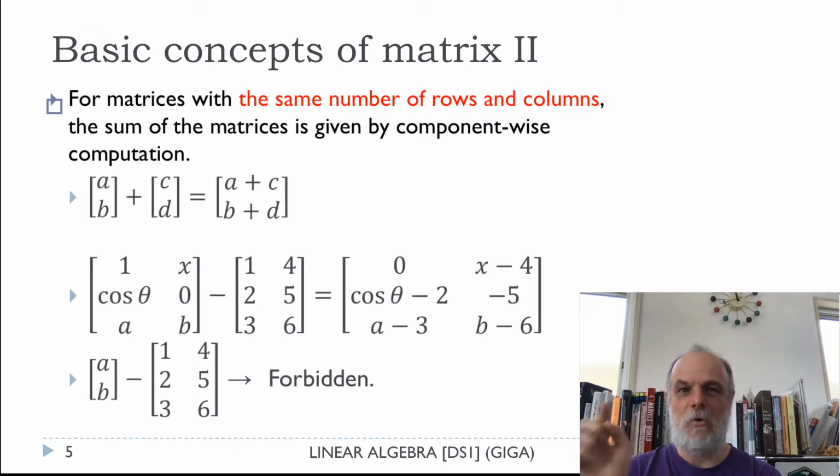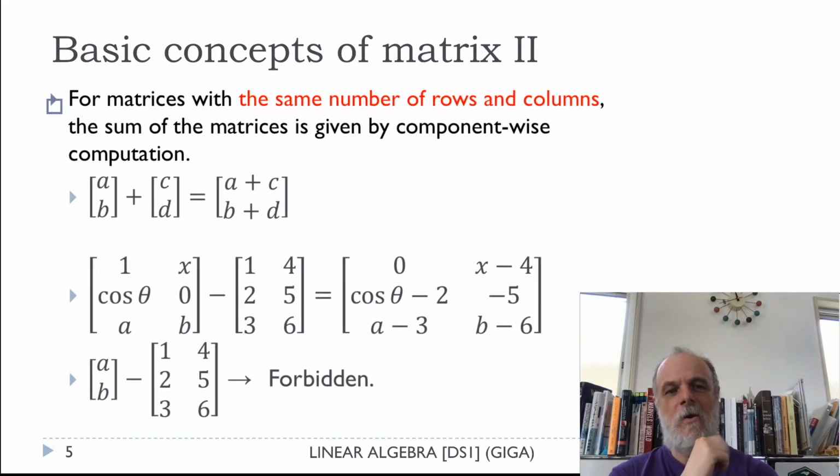The entry in the upper right, which would be our element first row, second column, so 1, 2, the first matrix in the equation has the entry x, and the second one has 4, so what we have is x minus 4.